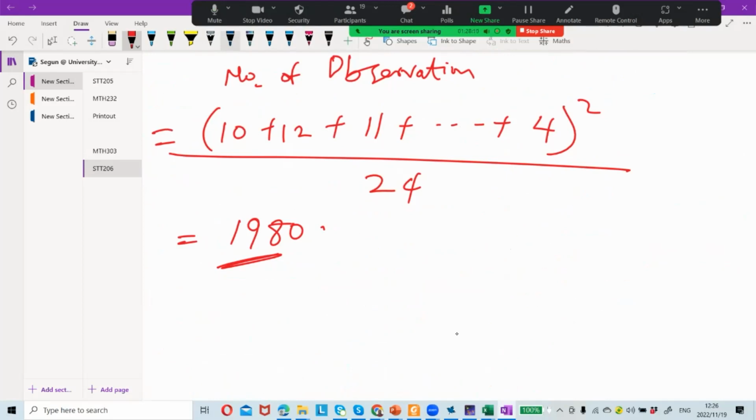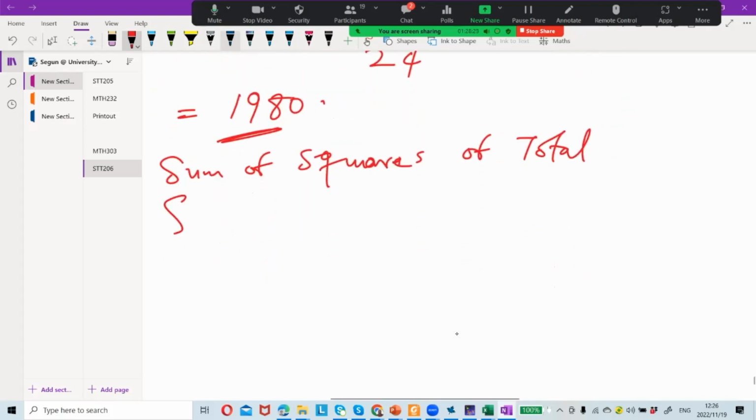So we need to calculate. I've started writing the formula along the line. Sum of squares of total is the same thing as SST, subscript T, which is the formula: summation of X squared minus correction term.